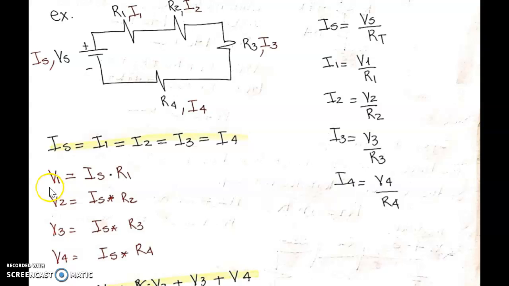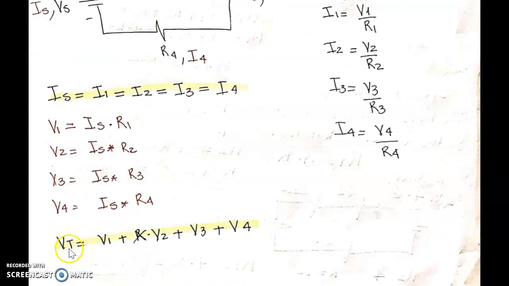The voltage, on the contrary, is split across each individual resistor. V1 will be I source times R1, V2 will be I source times R2, V3 is going to be I source times R3, and V4 is going to be I source times R4, in a way that V total, or V source, is going to be V1 plus V2 plus V3 plus V4.